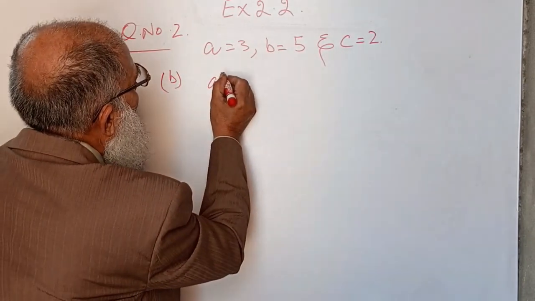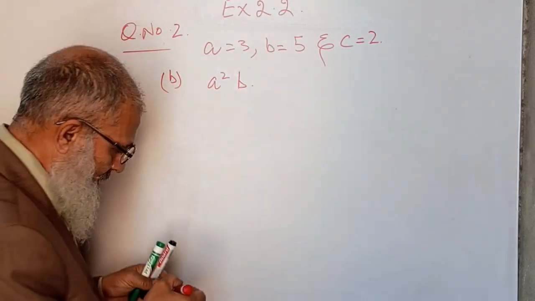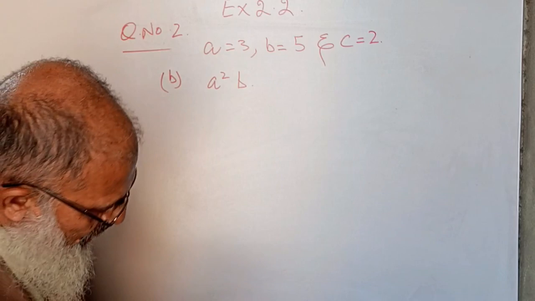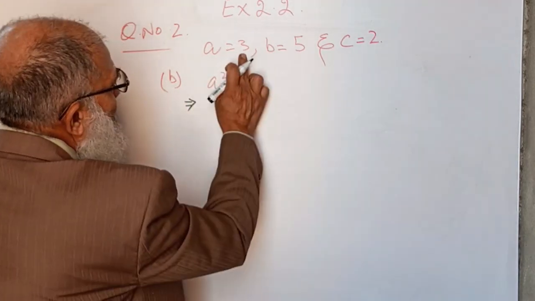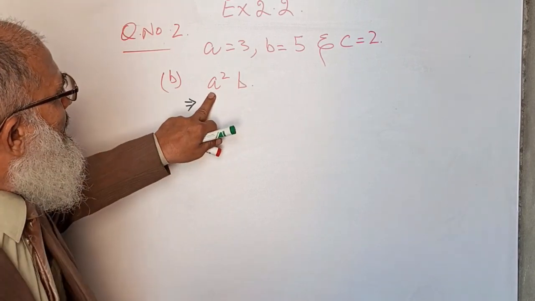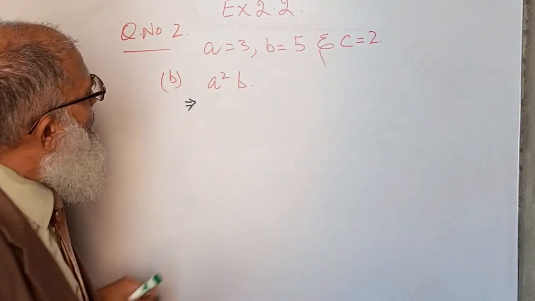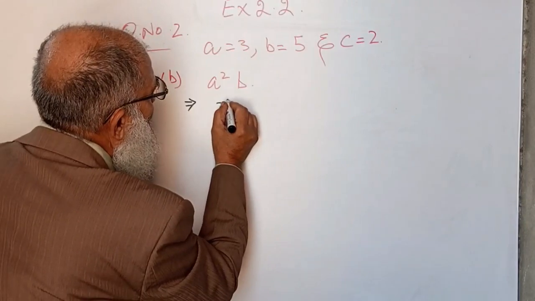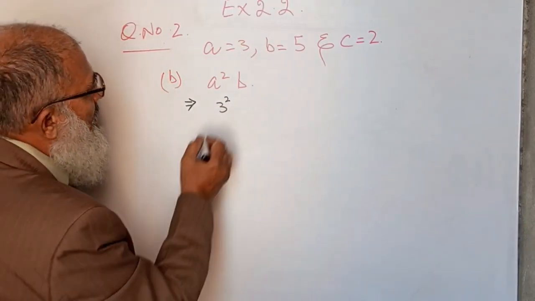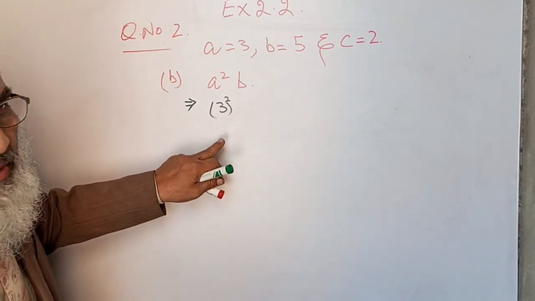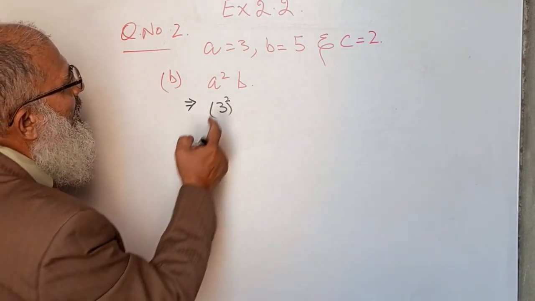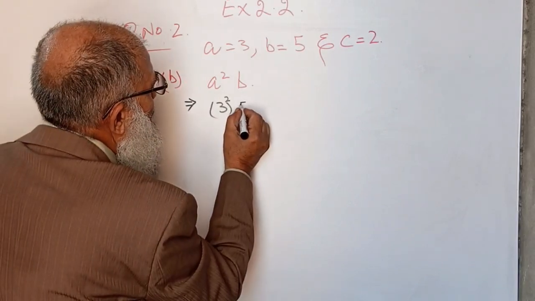Part B is a square and b. What will happen over here? A square means we have to replace 3 instead of a. The square will remain as it is. You can even enclose this 3 in parenthesis, and then b is equal to 5.